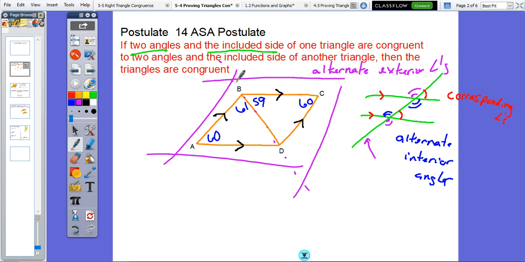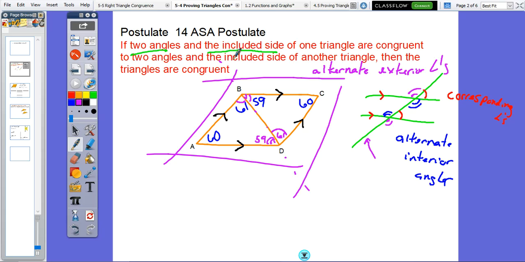If we know these lines are parallel and we have a transversal, we can say if this angle right here is 61, then this angle over here is also 61 by alternate interior angles. And if this angle right here is 59, then this angle over here is also 59 by the same reasoning, alternate interior angles. Well, we have angle, angle, angle, angle here that matches up.